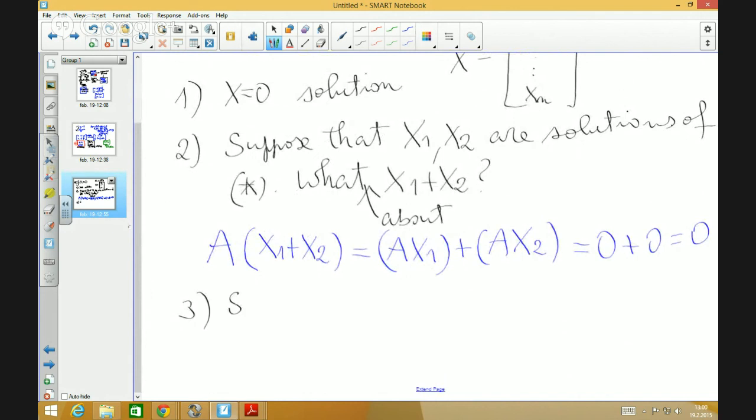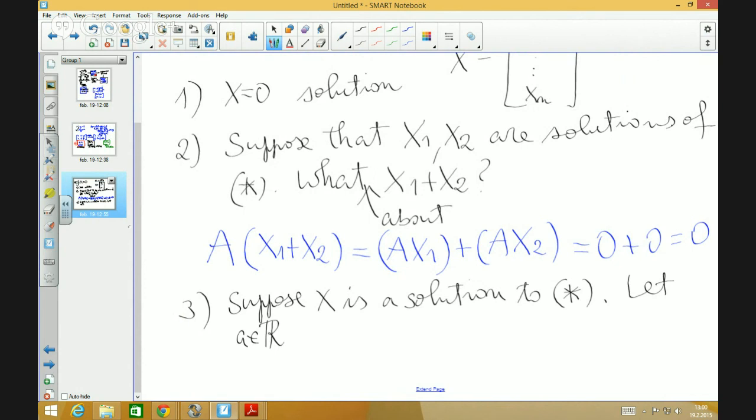Suppose x is a solution to star, and let A be a real number. So how about A times x? Now, what kind of object is this? It's a vector.